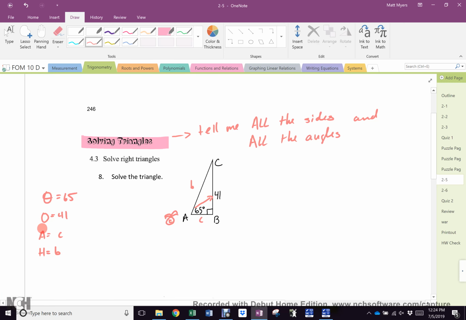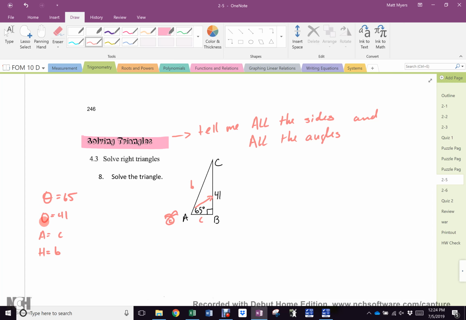Now I have O, A, O, H. What logically should I do? I have an O and I have a theta. I could do sine, or I have an O and a theta, so I could also do tan. Your choice. There's no right or wrong way to do it. Okay?